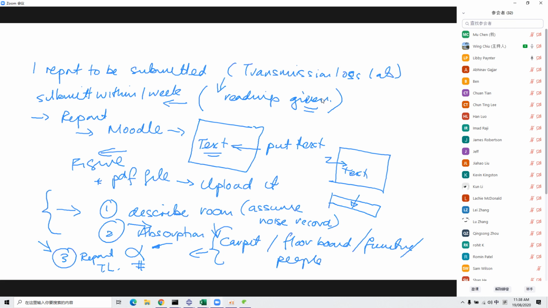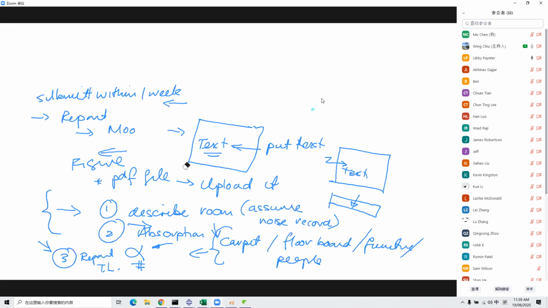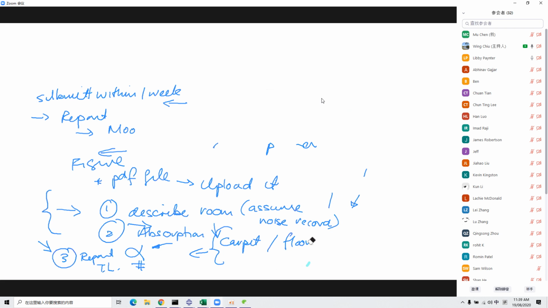Can I just ask a question on that? It says in the lab manual to take 20 measurements in each of the rooms. However, the lab manual just has 10 measurements in each room. Now, the number of averages depends on the size of the room.